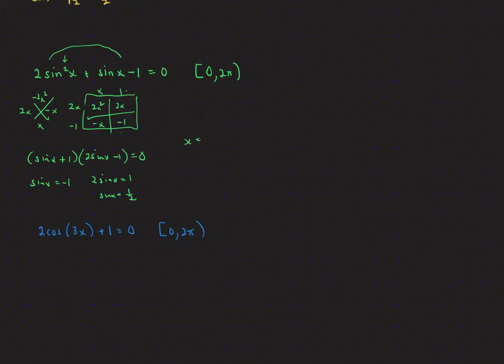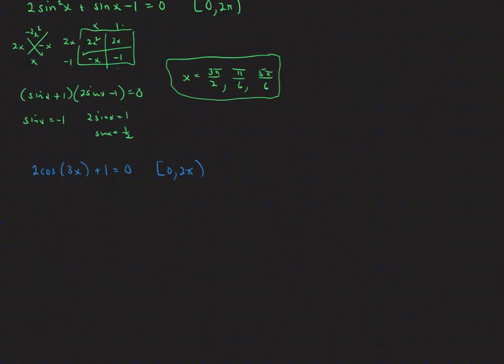So sine x is negative 1 at 3 pi over 2, and sine x is positive 1/2 in quadrant 1 at pi over 6, and in quadrant 2 at 5 pi over 6. So those will be our solutions. We didn't square both sides, so we don't have to worry about extraneous solutions.